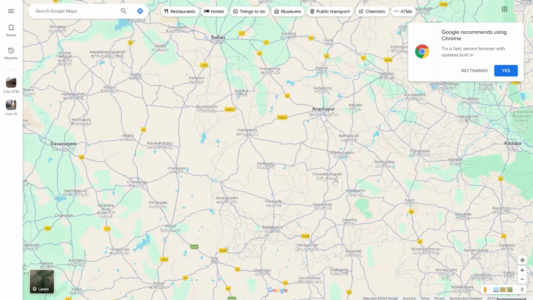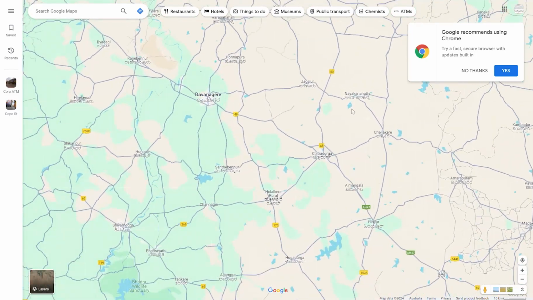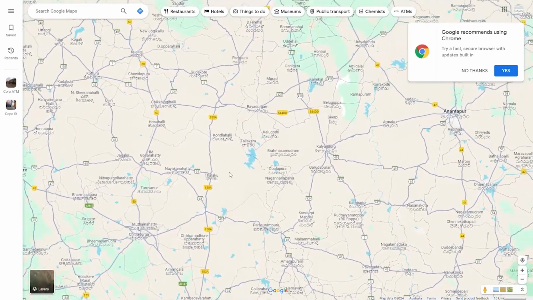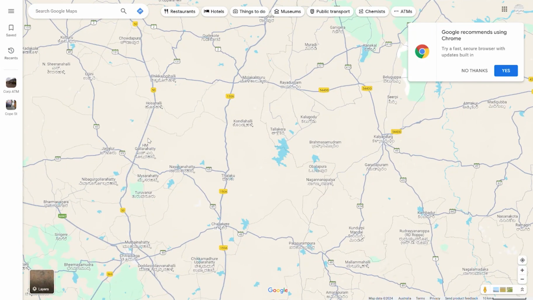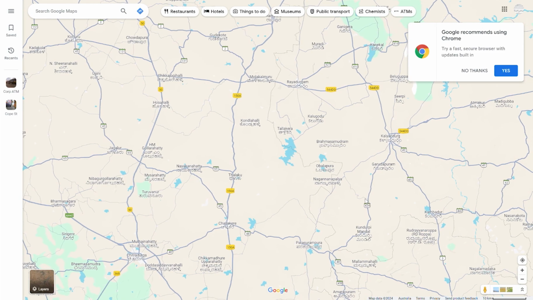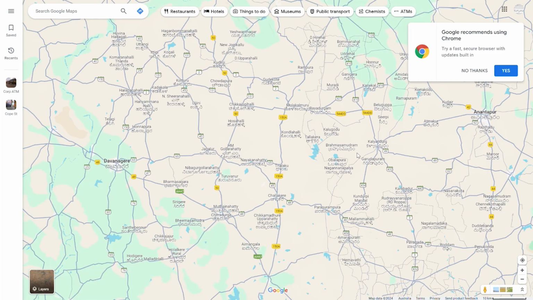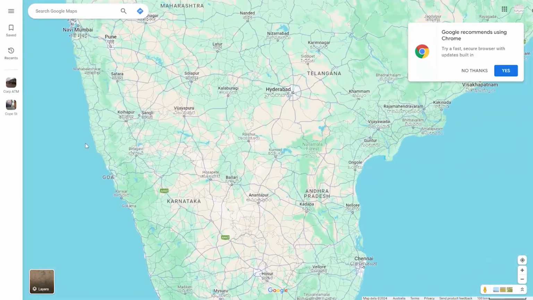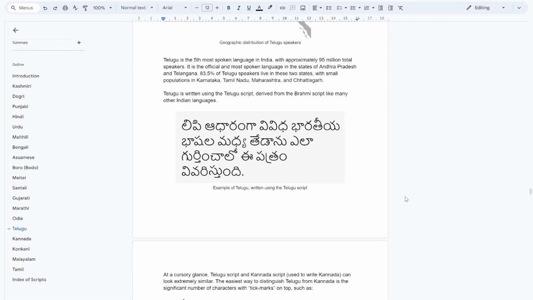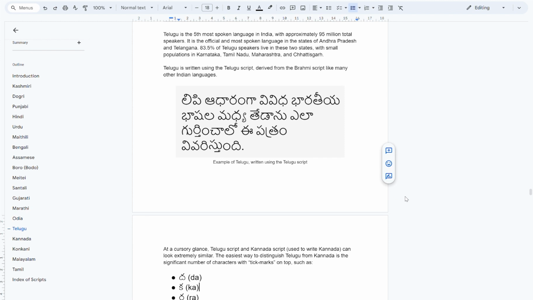And if I actually zoom into somewhere near a border where there's a mix, so on the left of the screen you've got Kannada, and on the right of the screen you've got Telugu, they can look very, very similar. But there's an easy way to tell the difference between them.